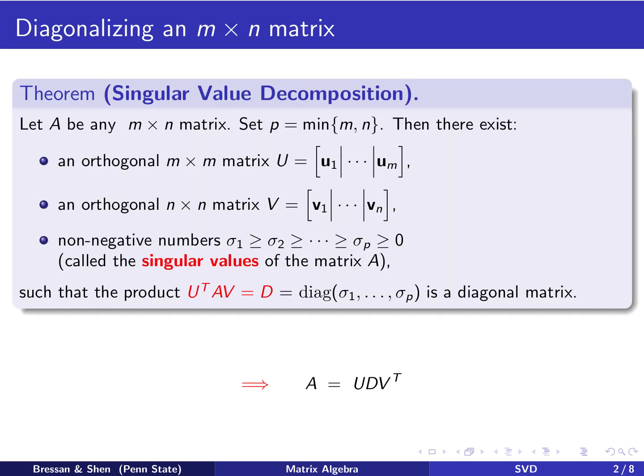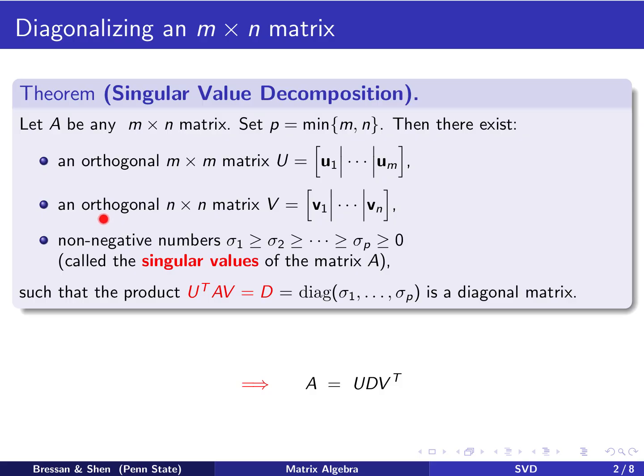Let's briefly review the theorem on singular value decomposition. The statement is as follows. Let A be an m by n matrix, where n and m are possibly two different numbers. Then we set p to be the smaller one of m and n. Then there exist the following three things. First, an orthogonal matrix U consisting of vectors U1, U2 to Um, m of them.